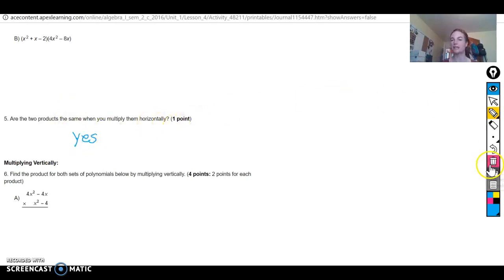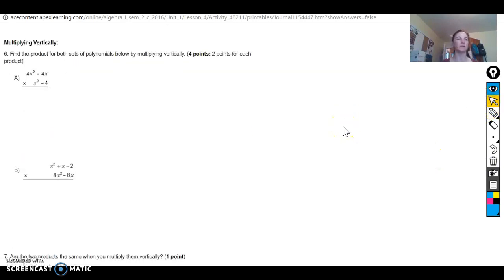Okay, and let's move to the final method, multiplying vertically. And to be honest with you, this is the method that I am the least familiar with, but I think it's a pretty cool method nonetheless.